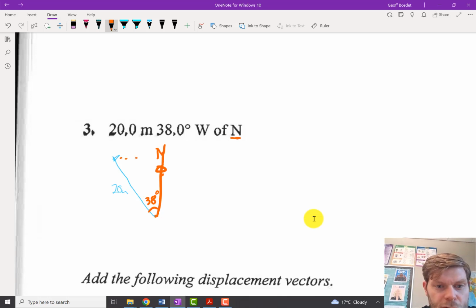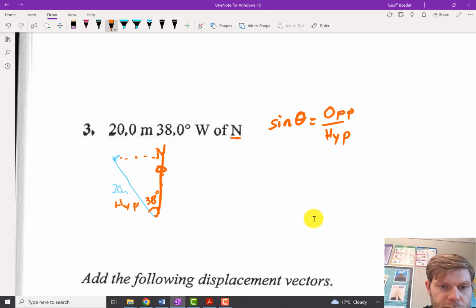We are going to want our horizontal component and our vertical component. Now, this is the opposite side, so we're going to be using sine. Remember, sine theta equals opposite over hypotenuse. This is our hypotenuse and this is the opposite. We want the opposite, so we will solve for it by multiplying both sides by hypotenuse.